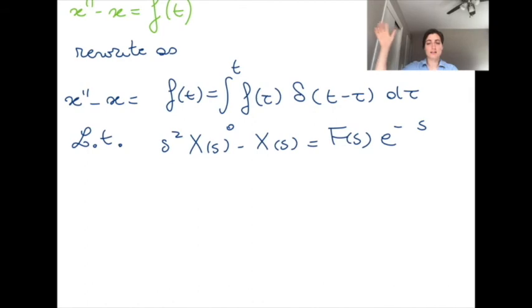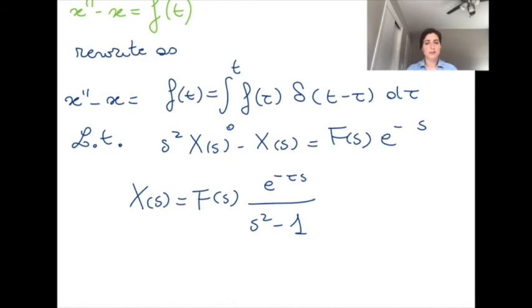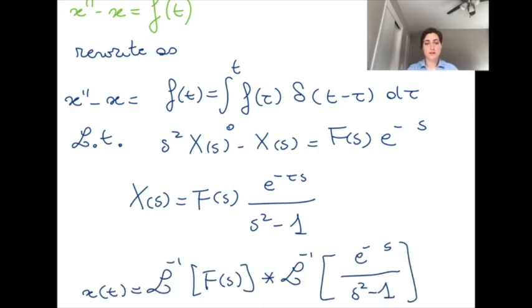So we gain this e to the minus s, and F(s) being the Laplace transform of f. So we can find the Laplace transform of our solution x, depending on the exponential. There should be no tau in the exponential, times F(s) divided by s squared minus 1. And then the solution is the inverse.